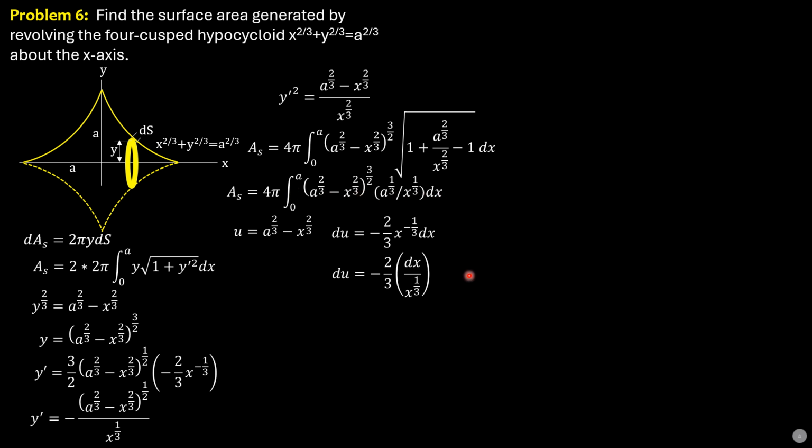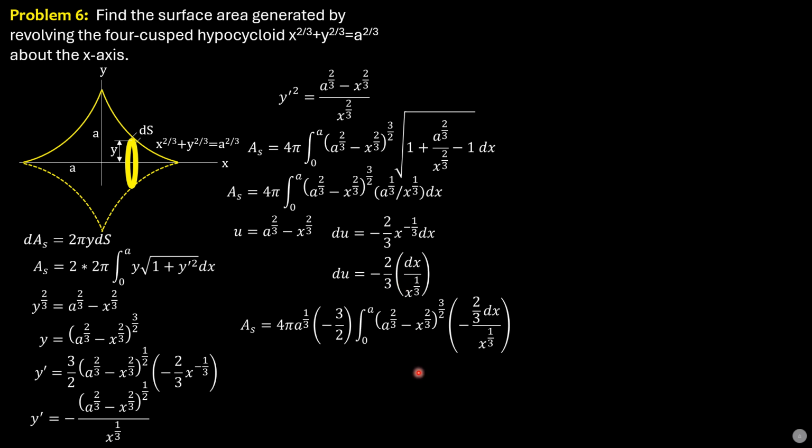So area S equals, we have 4 pi a to the 1/3, and we multiply the reciprocal of this, which is negative 3 halves, then integral 0 to a of quantity a to the 2/3 minus x to the 2/3 raised to 3 halves times negative 2/3 dx over x to the 1/3, which is this.